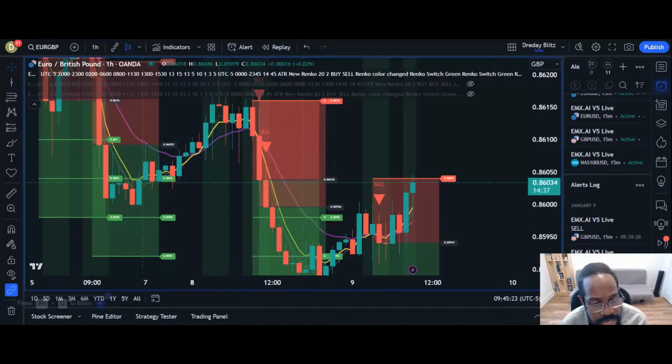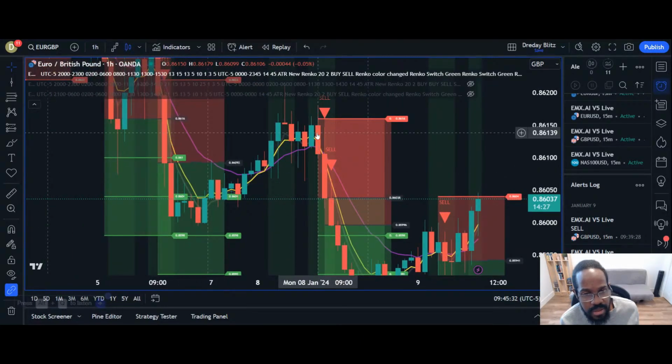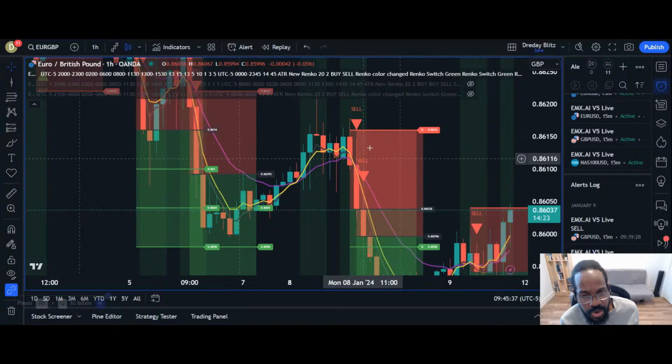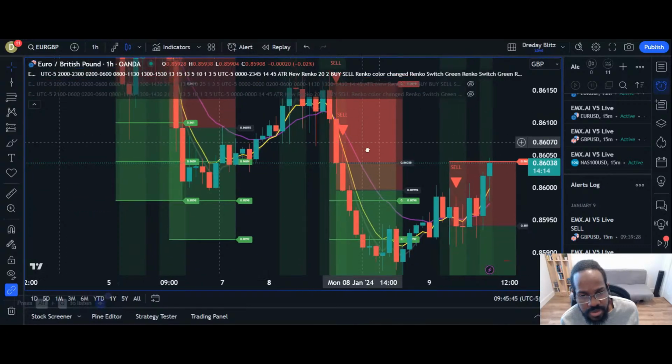That way you know exactly that you're going in the same direction. Let me give you an example here. It's going to give you an indication that we're going short, and then right after that you're going to receive a signal going sell, in the same direction as that previous signal.